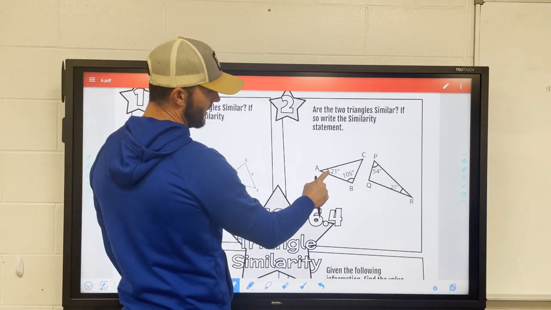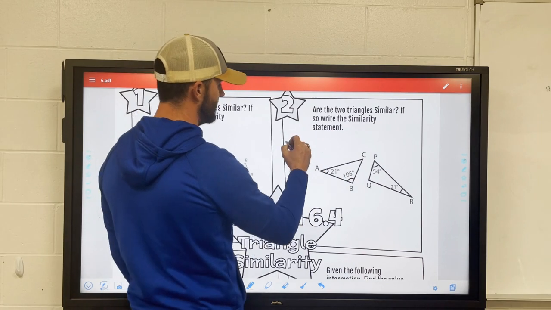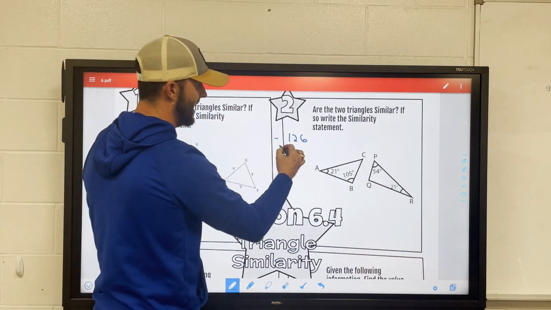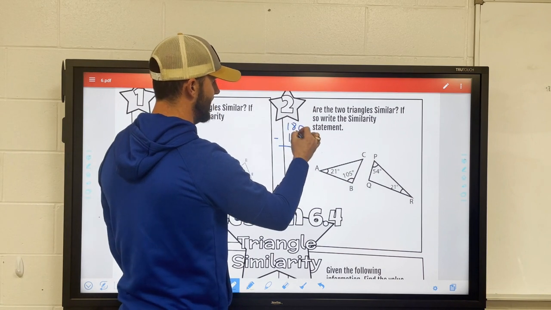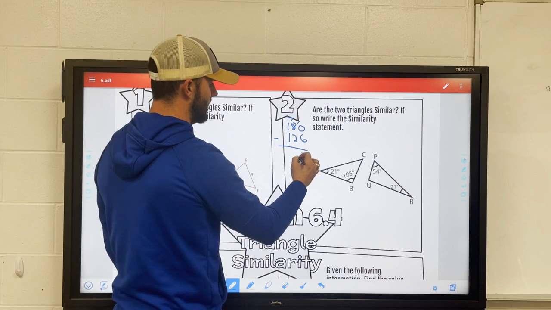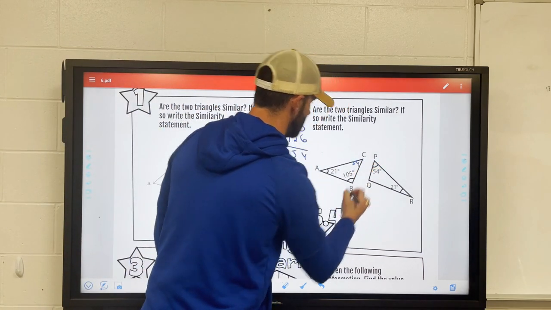So right now, angle 21 and angle 105, those are going to add up to be 126. And if I wanted to find that third angle, I'm going to subtract that from 180 degrees, right? So 180 minus 126 is going to end up giving me 54. So that means this angle right here is going to be 54.